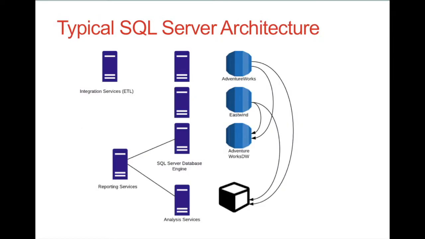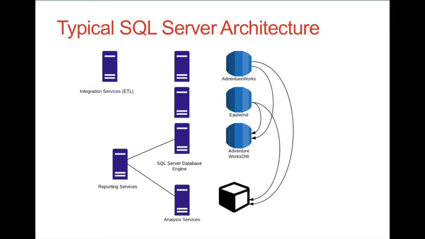When you take this to production, you might split this up, and we've got a typical SQL Server architecture here where we've got multiple SQL Server database engines installed running several SQL Server databases. We've got an AdventureWorks data warehouse which also runs on the database engine. We're using integration services to move our data from our business systems and business databases such as AdventureWorks and Eastwind into our data warehouse, and we're building cubes on top of that.